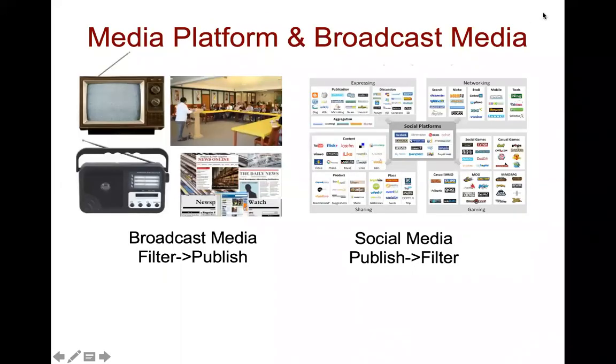If you look at the sequence of actions that's happening, you'll see that in broadcast media, data usually gets filtered first and then it gets published. But in social media, data actually gets published first and then it gets filtered by those entities that are trying to process this data.